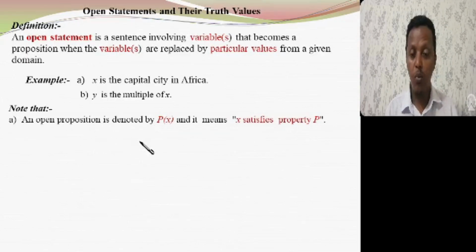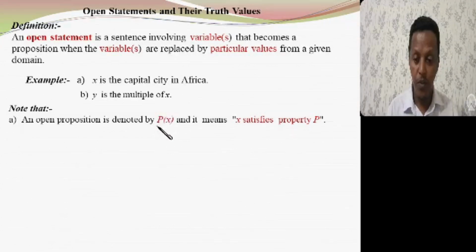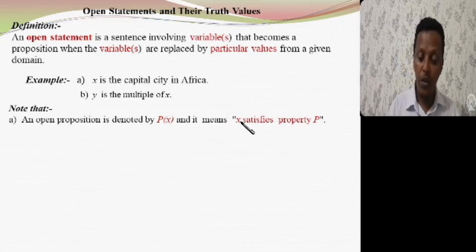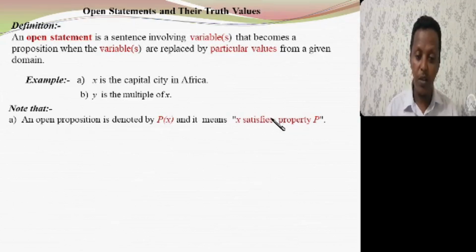Now the other point, to denote an open statement, we use P of x or Q of x. This means x satisfies the property of P. Now, if x satisfies the property of P, it will be true. If x doesn't satisfy the property of P, it will be what? False.